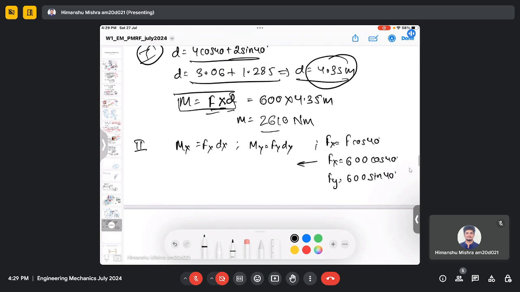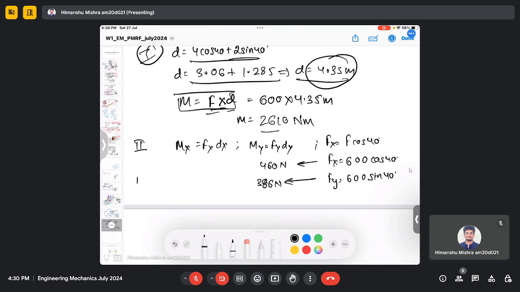So Fx will be 460 Newton, and my Fy will be 386 Newton.